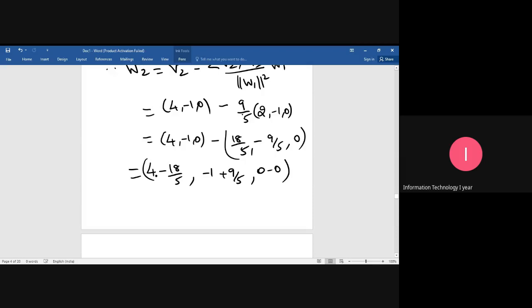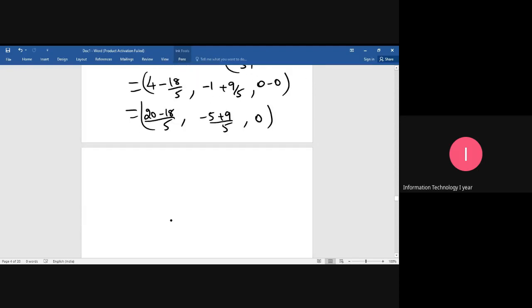Taking the LCM: 20 minus 18 divided by 5, minus 5 plus 9 divided by 5, 0. So W2 is equal to 2 by 5, 4 by 5, 0. This is W2.